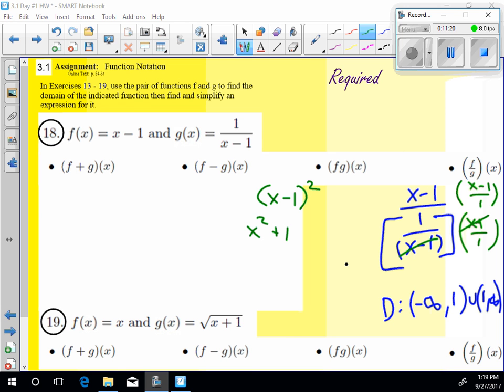Those are good algebras. No, don't do that. That's bad. It's really x squared minus 2x plus 1. Either of these two would be acceptable answers for f divided by g of x, sorry. Okay, cool.